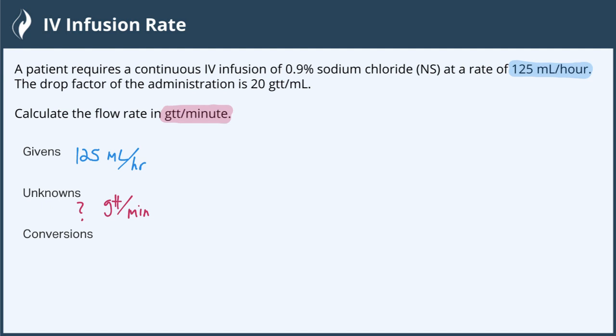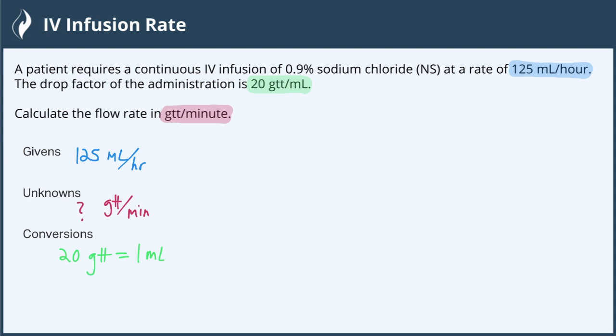And then we are given a conversion here. That conversion is 20 drops per milliliter. So we know 20 drops is equal to 1 milliliter. Now we look at what we have, which is milliliters per hour, and we look at what we want, which is drops per minute.